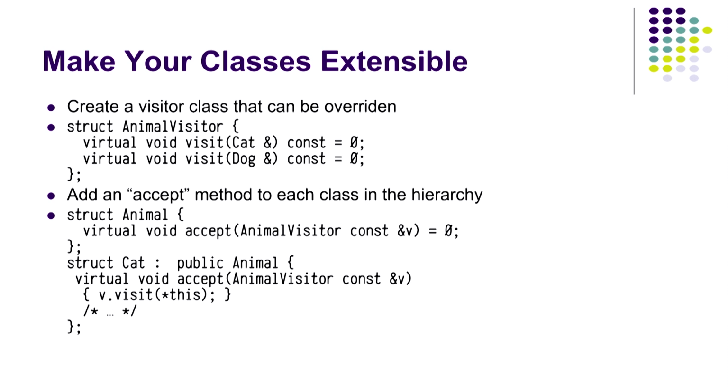And then they add an accept method to each class in the hierarchy that accepts an animal visitor, and in each particular animal, they override it to visit with that kind of animal. And then overload resolution will call the right visit method from the visitor.